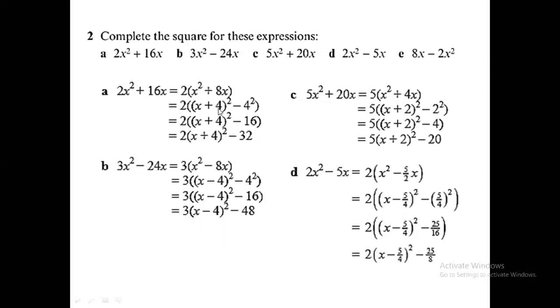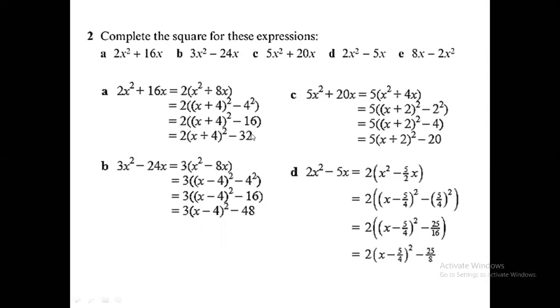You can write (x plus 4) whole thing squared. Then minus the square of that number, 16. Then (x plus 4) squared minus 16. Then multiply with 2. 2 into (x plus 4) squared: you cannot multiply 2 into x plus 4 while keeping a square. Only thing is that you can write 2 times (x plus 4) whole thing squared minus 2 into 16, which is minus 32.